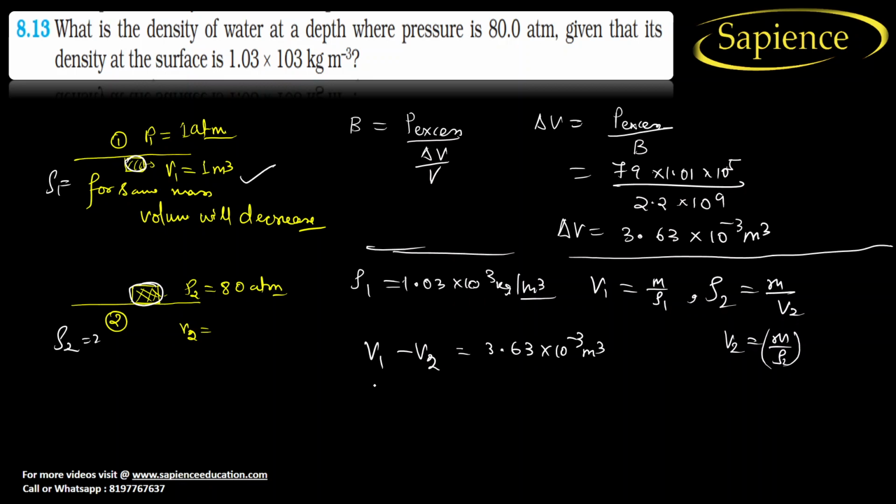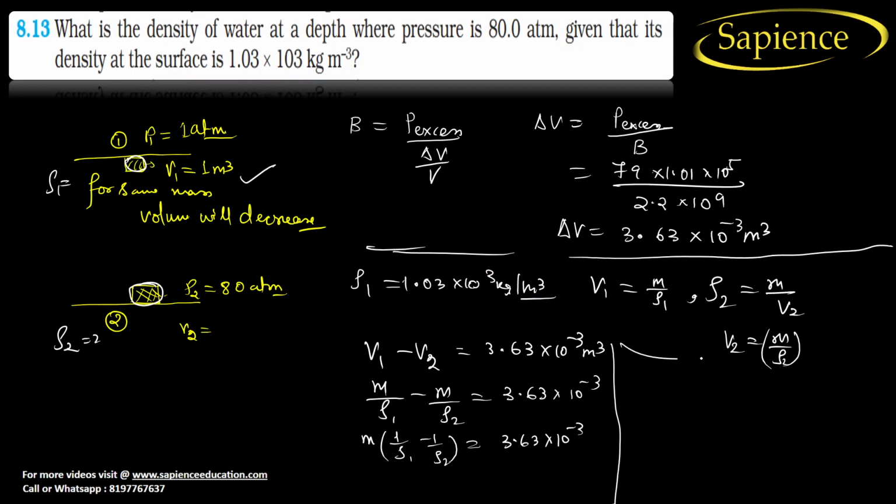So we can rewrite this equation: m by rho 1 minus m by rho 2 is equal to 3.63 into 10 to the power minus 3. Since m is constant, we can also rewrite this equation: 1 by rho 1 minus 1 by rho 2 is equal to 3.63 into 10 to the power minus 3.